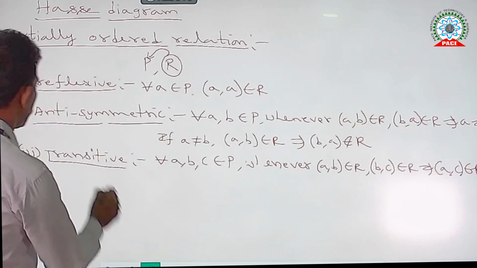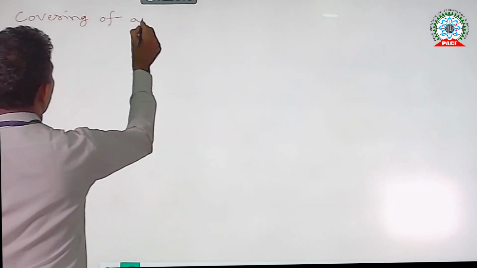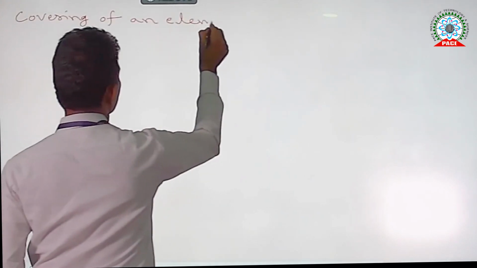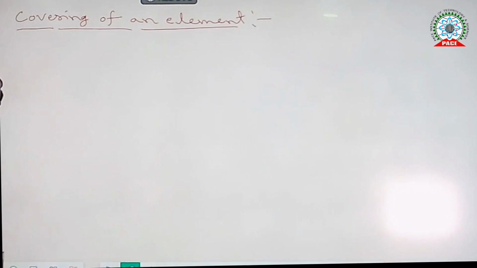So next, covering of an element. We have three different types of partially ordered relations.